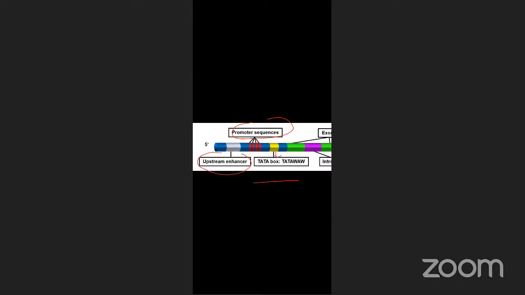This is the TATA box. Just beside the promoter, this yellow line, TA, TATA box. This is called a consensus sequence.